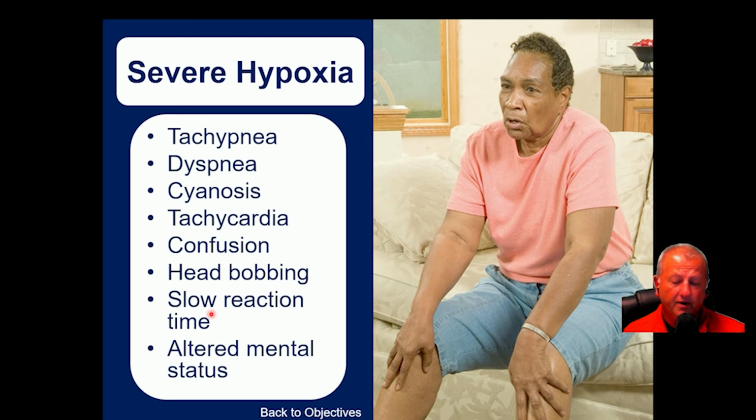Head bobbing is a very, very bad sign. Slow reaction time. They're slow reacting because their brain's not being perfused with oxygen. You have to have perfusion. You have to drop off oxygen, and what else? Pick up the garbage, pick up the CO2. And then altered mental status.